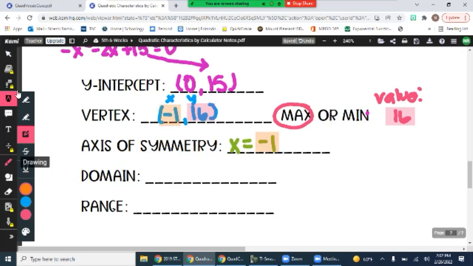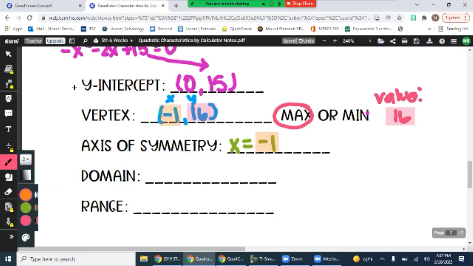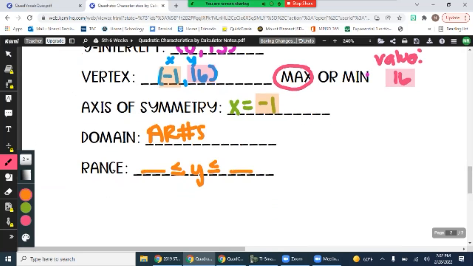All right. Your domain will be all real numbers. And that 16 is going to go on what side of my range? On the right side, making the left side negative infinity.